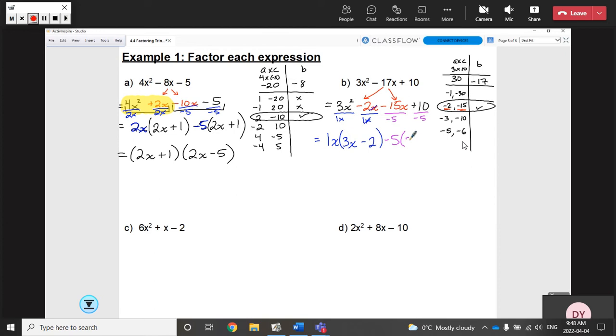We'll get positive 3x and then a negative 2. Now, we're going to common factor out the 3x minus 2, and we are left with x minus 5.